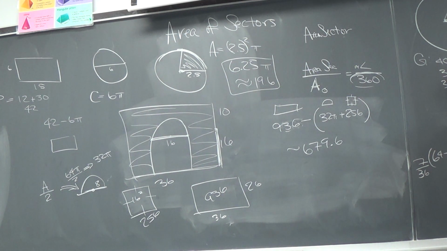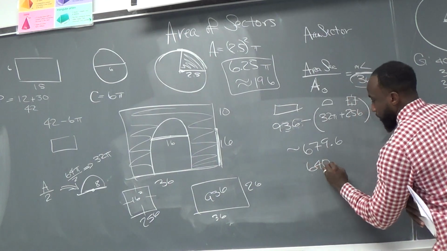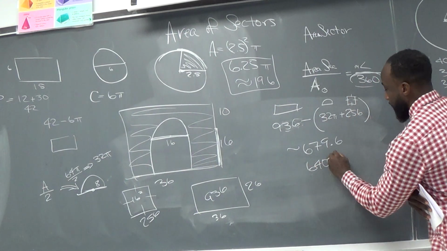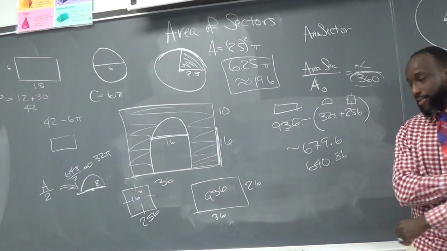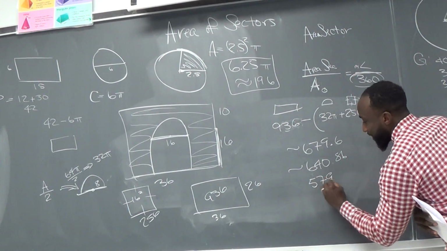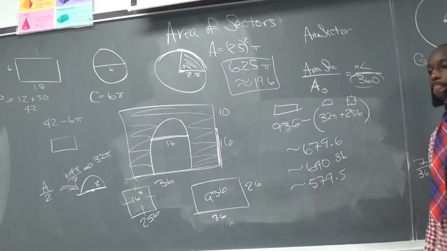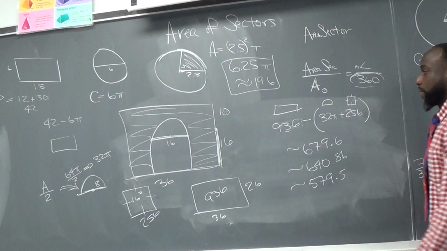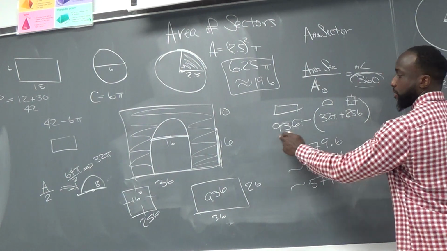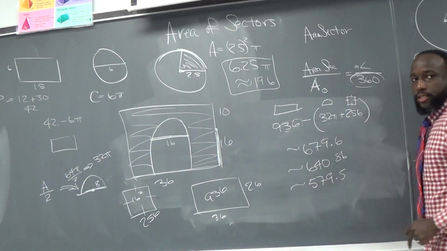I need somebody to second that. I got 640.86. Anybody else? I got 579.5. Let me redo this. So you got 936 minus 32 pi, minus 256.